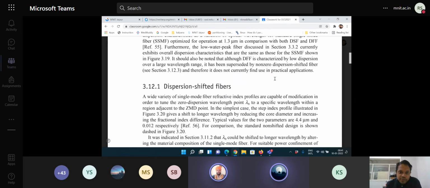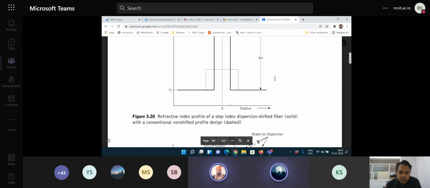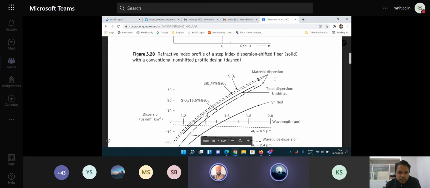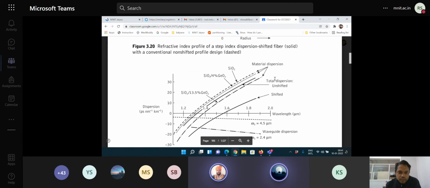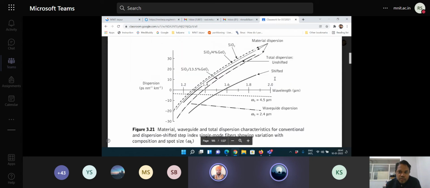So coming to the dispersion shifted fiber, this is the profile of a standard single mode fiber. This indicates the different dispersion because of different materials.